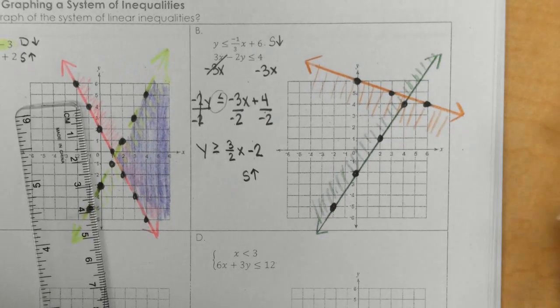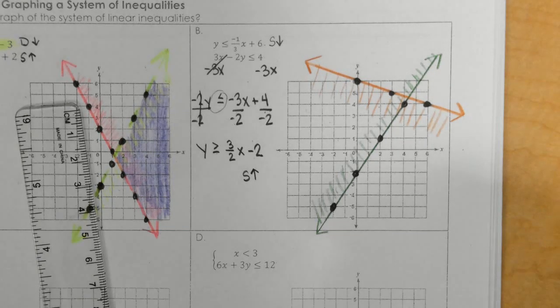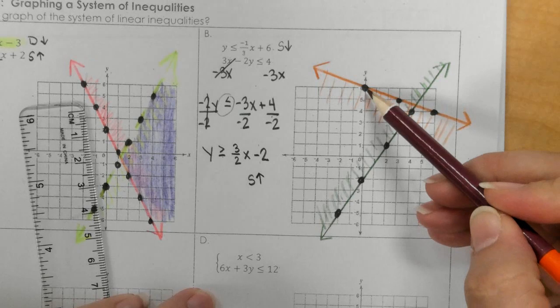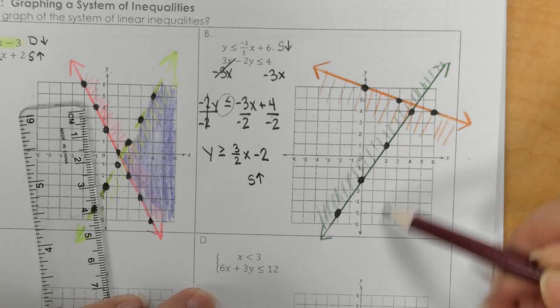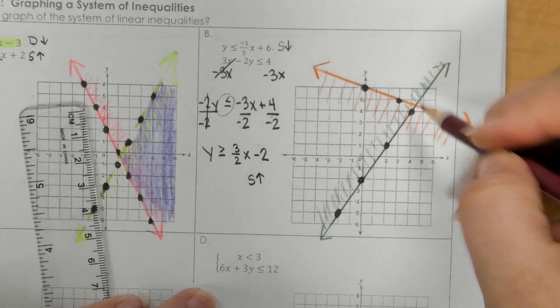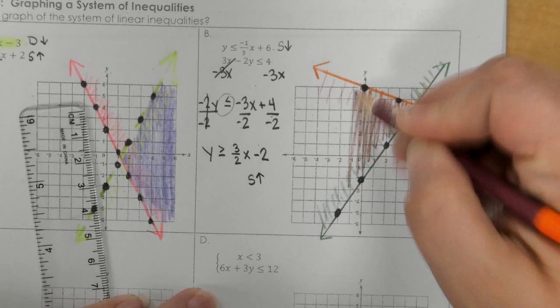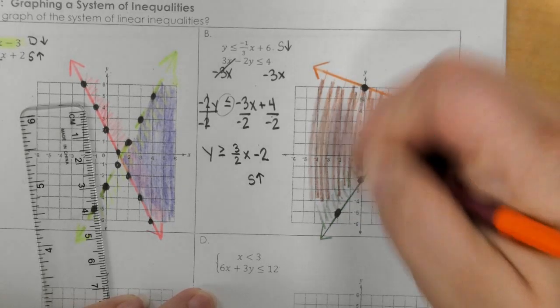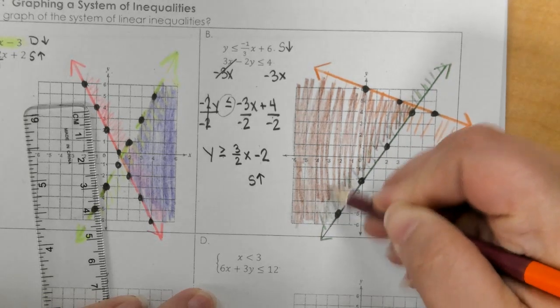So then the question is where is the overlap? What part is overlapped? And we can see that this section has orange and green in it. This only has orange, this only has green, and so we are going to shade this section the darkest because this is the overlap of both lines.